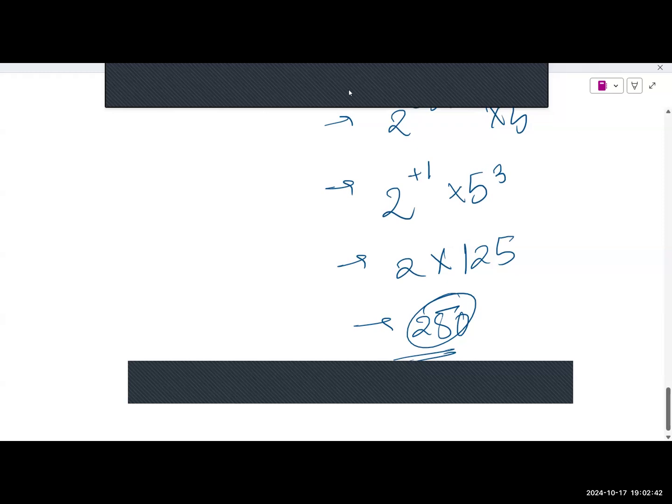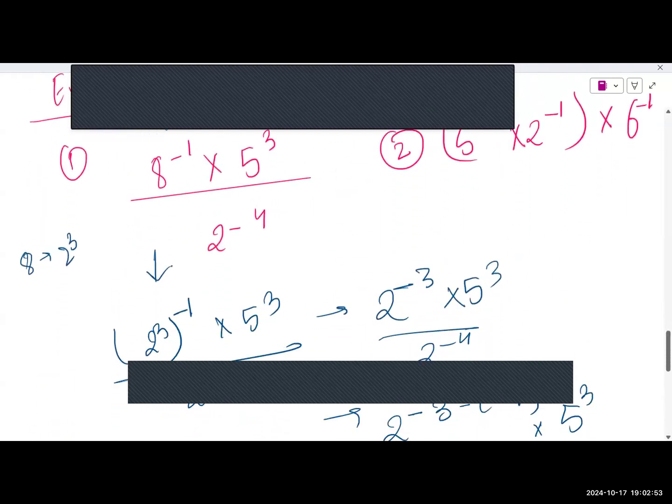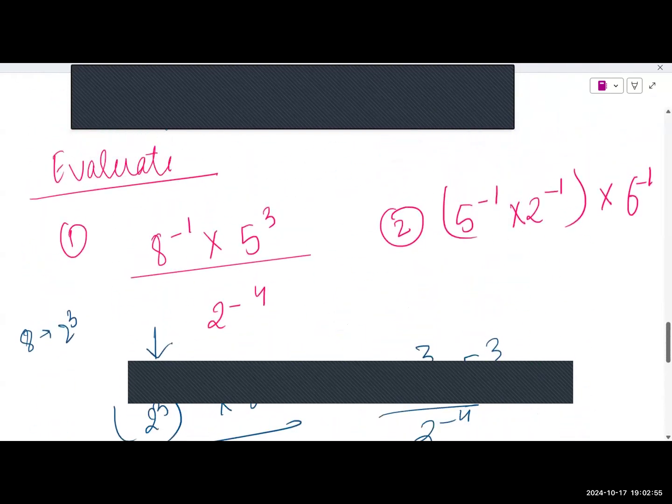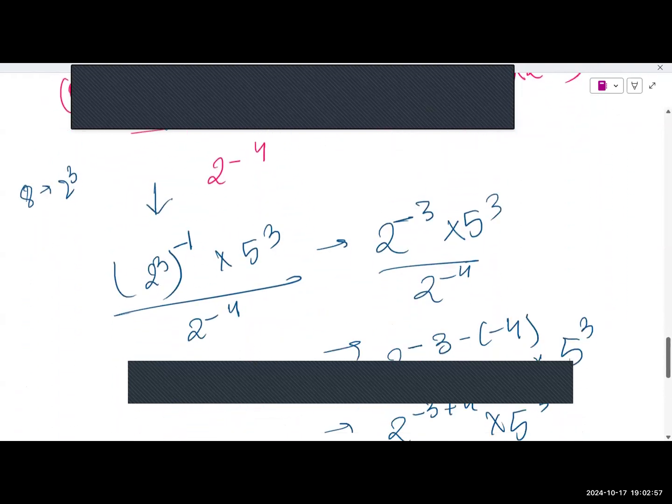The second one, I'll tell you. Second one is 5 to the power minus 1 into 2 to the power. Let's solve it here.